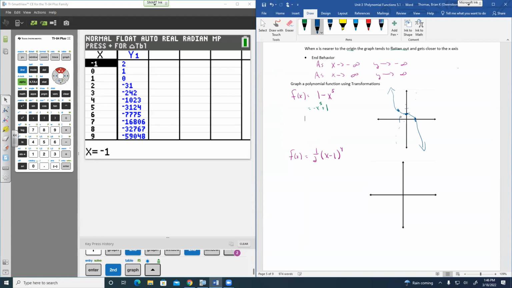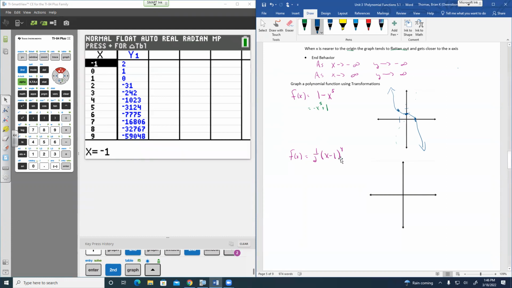You kind of see that this graph now takes on that look there. Notice how those other points are really hard to plot because it grows in a hurry. So we really don't get to plot a whole lot of those points. All we really are trying to do is identify some of the behavior that's going on in the graph.